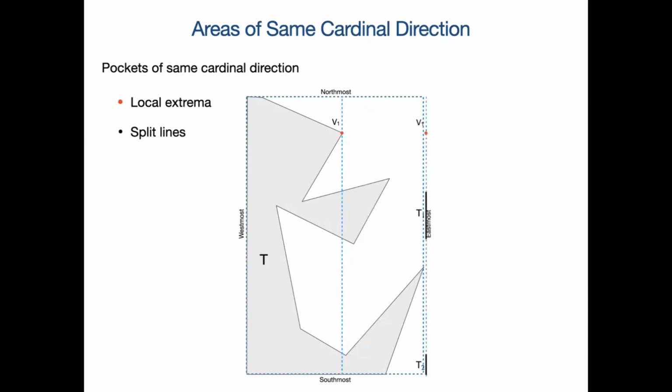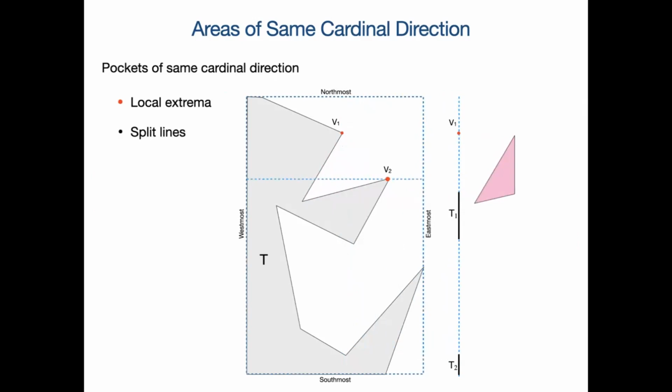These split lines capture one of the vertices and the region along the axis, and if the vertex and the interior of the region are disjoint, it introduces the local extrema. Then it defines the pockets, and this shows how the vertical and horizontal split lines work to define the pockets.